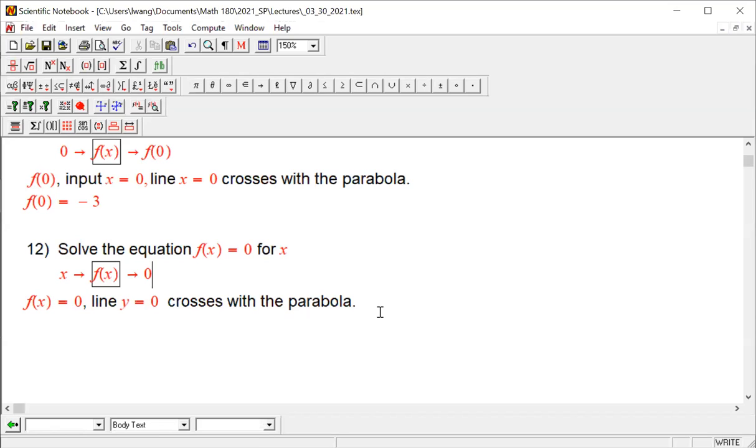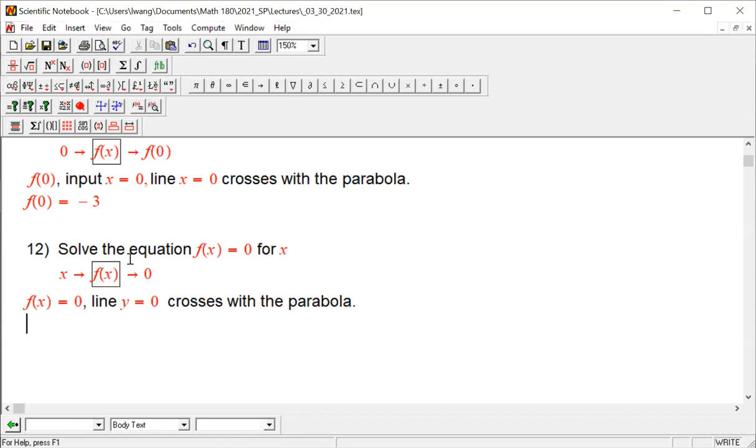Do you follow me? Yes. It's like you're given y equal to 0 because the output is 0, and the output is y. Got it? Now, we end up solving this equation.